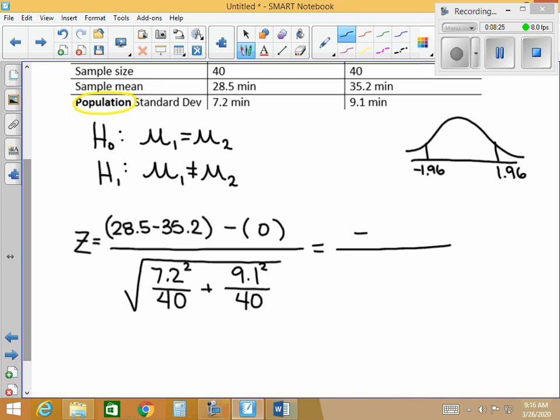On the top, when we subtract, we get negative 6.7. On the bottom, when we figure out that radical, it's 1.8347, if I can read my handwriting. But even if that's not exactly right, I know that the quotient, that part I can read, is negative 3.65.